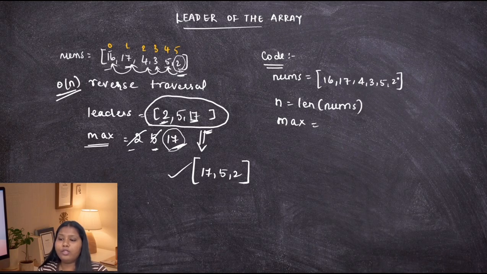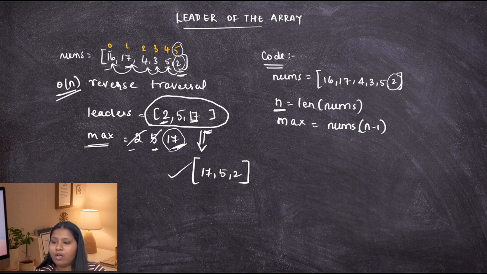I have told you that the last element is always the leader and I am going to traverse from the last position. So first let me say the last element is the maximum element. So max is equal to nums of n minus 1. This n is the length of the array and n minus 1 is the last index, 5. So this will give me the last element.